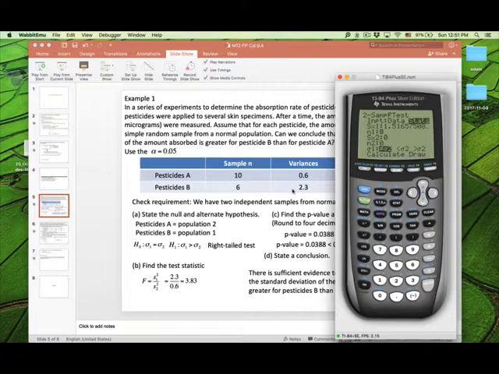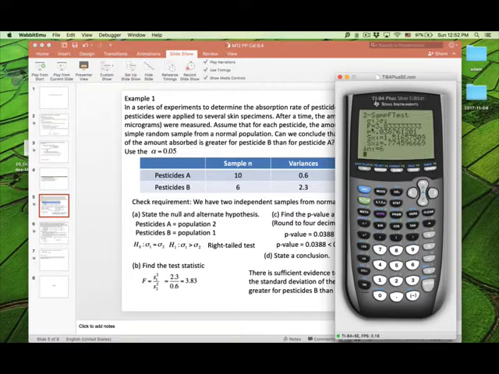And then the sample size is going to be 6. Okay, again, the standard deviation of population 2. So it's going to be the square root of 0.6. And then the sample size is going to be 10. Okay, we have greater than. And then we're going to choose calculate.